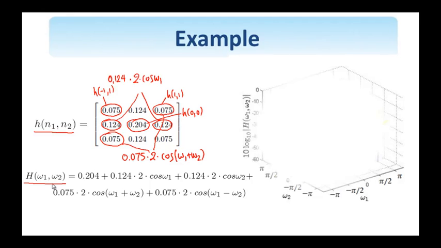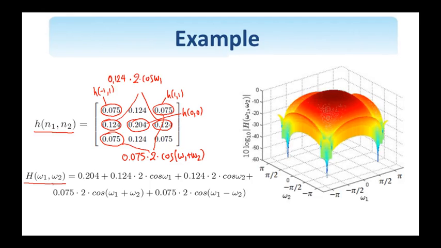If we plot the magnitude of this term, it looks like this. Here I plot on the vertical axis 10 times log base 10 of the magnitude, so one can see more clearly small values of the magnitude of the frequency response. Again, if I look at H(0,0), this is the sum of the values of the impulse response, and they sum up to 1, and therefore the logarithm of this value is equal to 0.